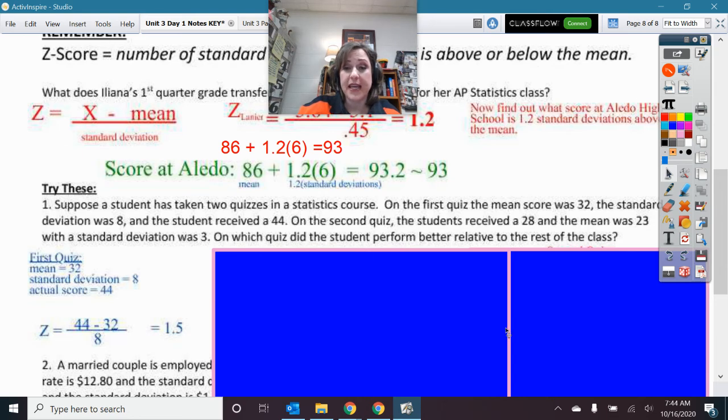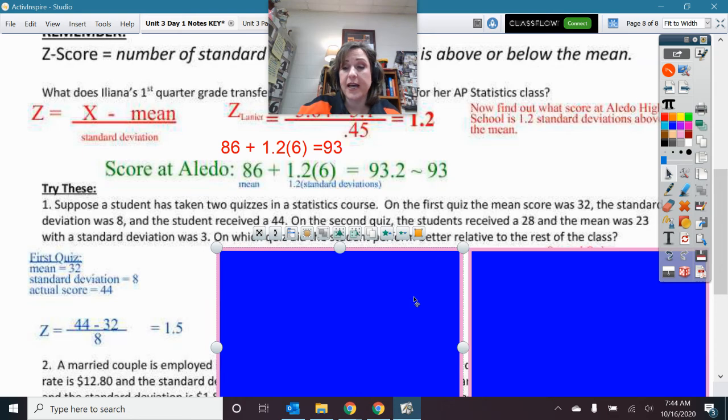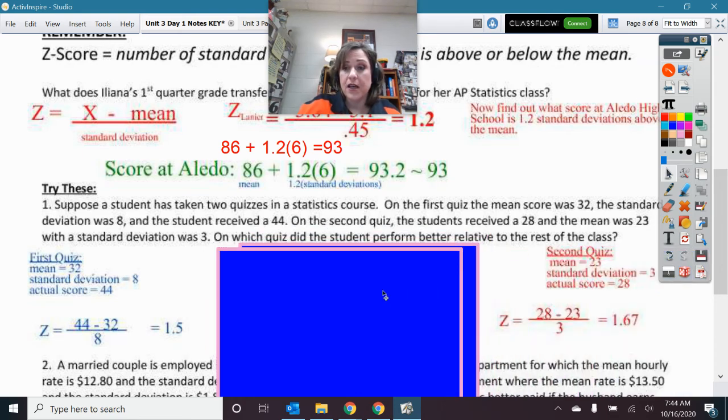Let's do the same thing for the second quiz. The mean is 23 with a standard deviation of 3, and that student's X is 28. So X minus the mean over the standard deviation is 1.67.